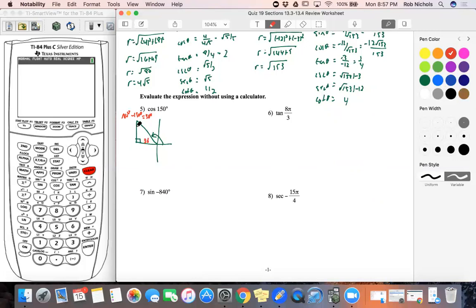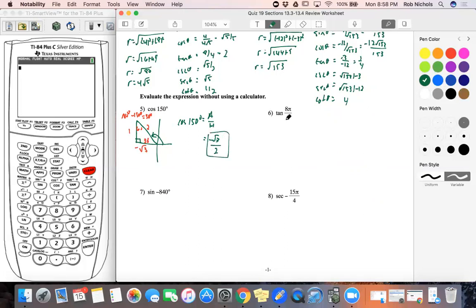Set up my side ratios. Side opposite to 30 is 1, opposite to 60 is the square root of 3, and side opposite to 90 is 2. Label the square root of 3 negative. We want cosine, so cosine of 150 degrees is equal to adjacent over hypotenuse. The adjacent side is negative the square root of 3 over 2, and I am done.